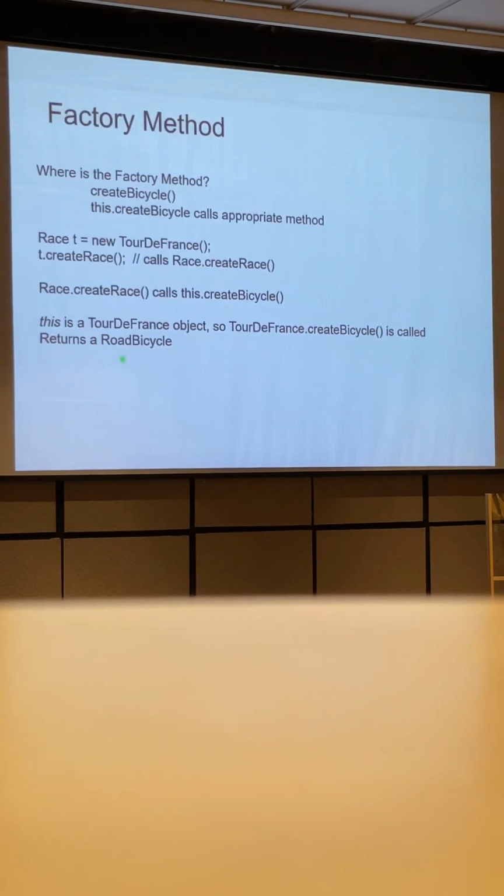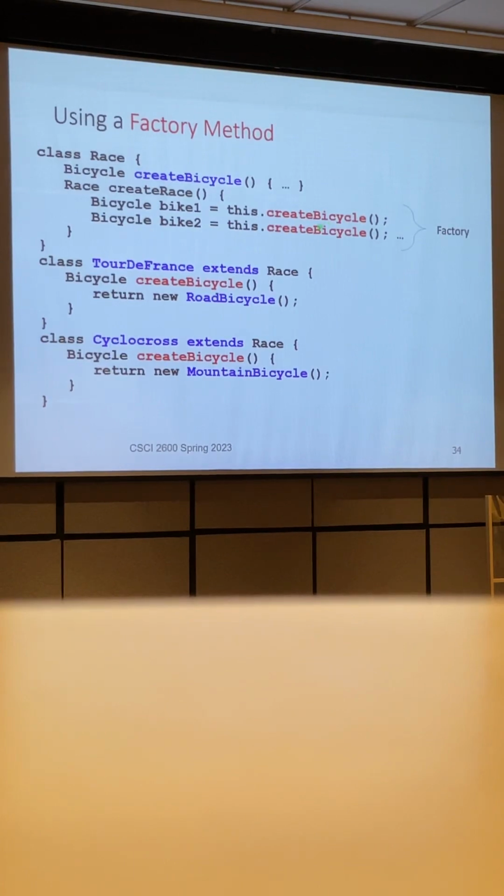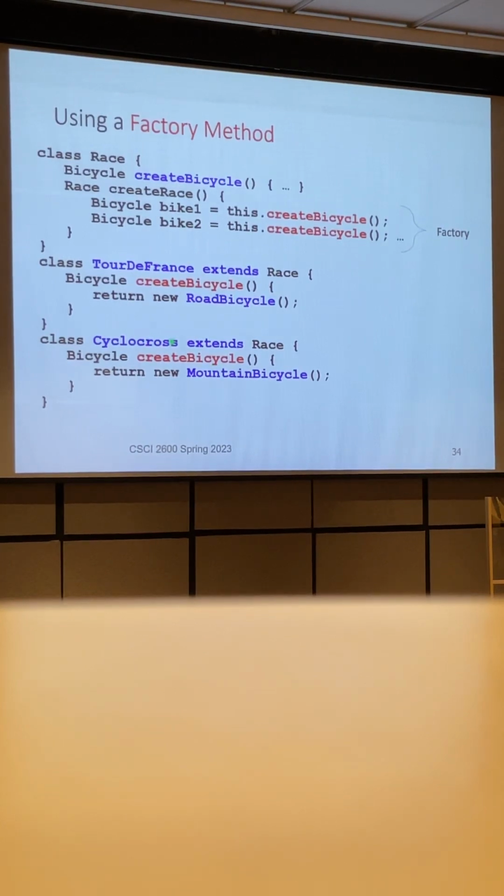So everything should be working just fine. That's the factory method, create bicycle, and note how this dot create bicycle that we call here would be calling different create bicycles. It would be calling create bicycle from Tour de France or create bicycle from cyclocross, depending on the type of this object.